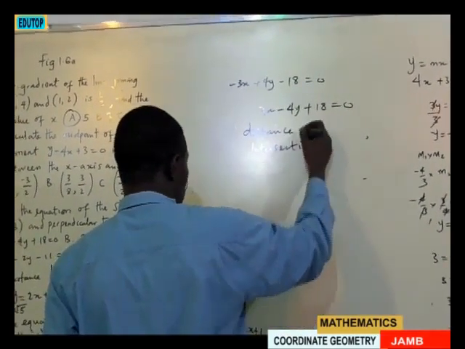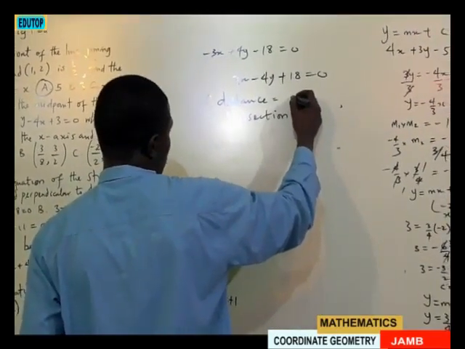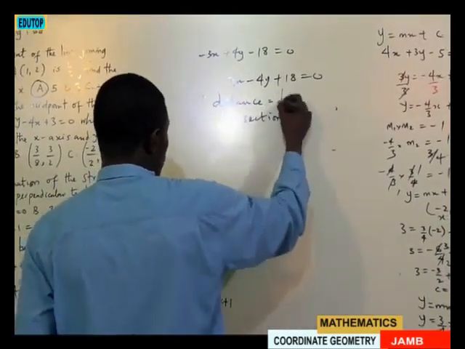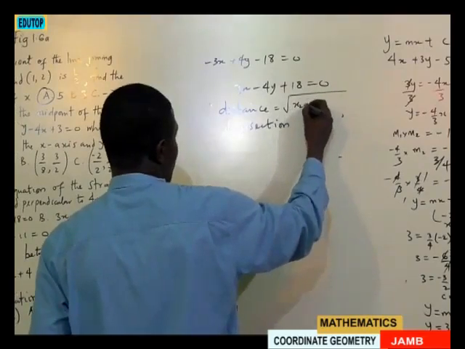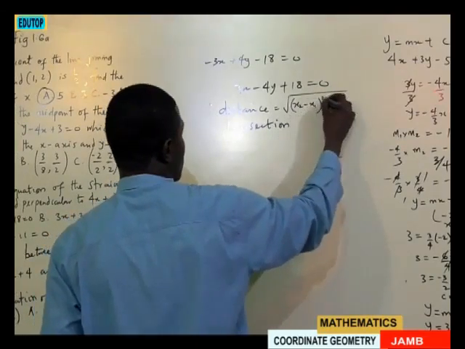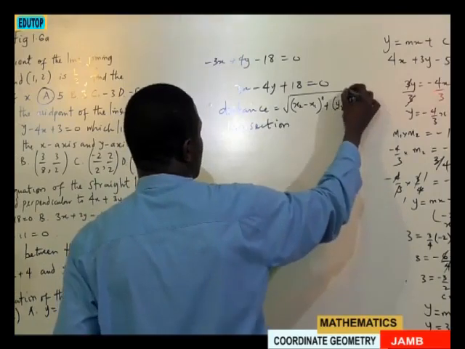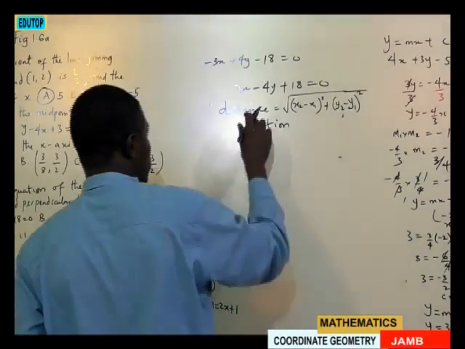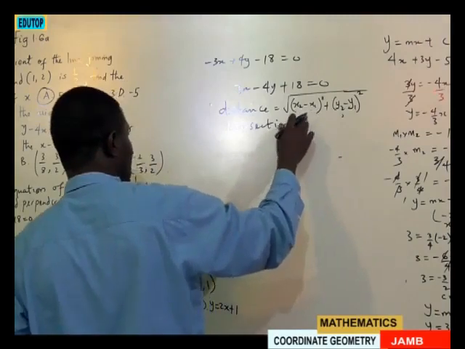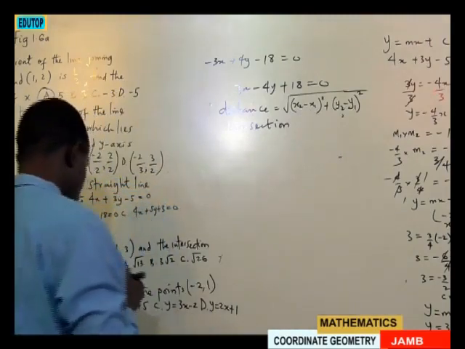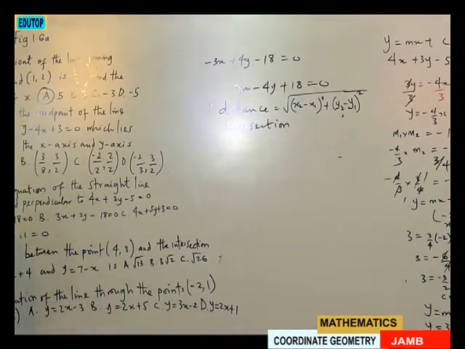So for distance between 2 points, the formula is the square root of x2 minus x1 all squared plus y2 minus y1 all squared. That's the formula. So we cannot just go into this directly. We need to find out what those points are, because we are given the first point, but we can't determine the second one until we have resolved this.